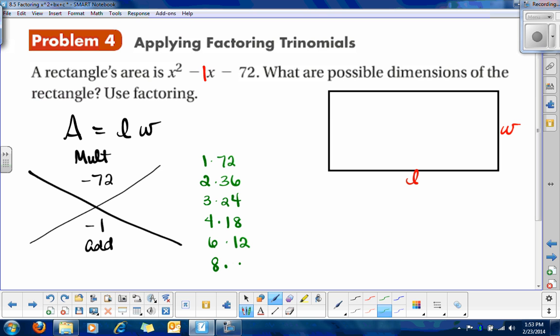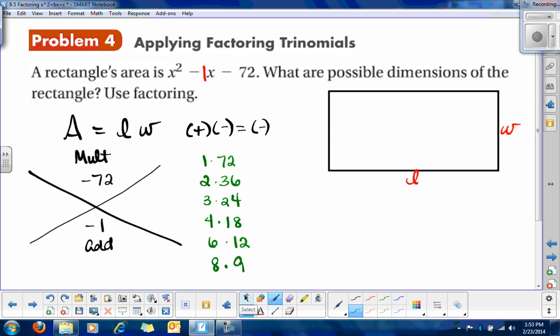Because you can't have anything in between 8 and 9, then you're done with your factors. Okay? Now, again, because we want a negative number when we multiply, remember when we talked about that in previous problems, we have to have one positive and one negative when we multiply to get a negative.